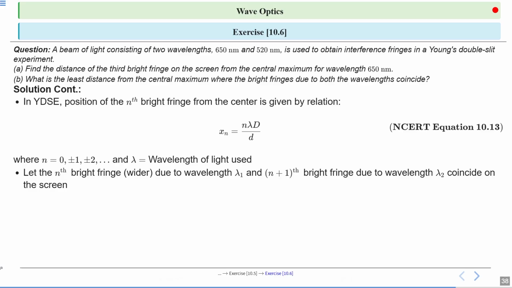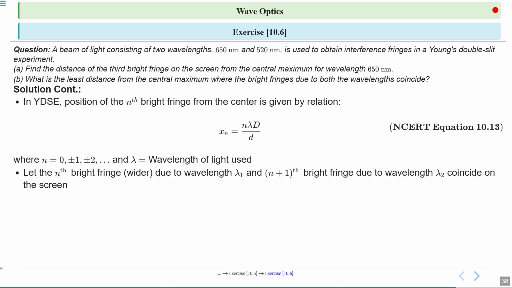Means if the fourth bright fringe of lambda 1 is there, it will be coinciding with the bright fringe that is of higher order for lambda 2.